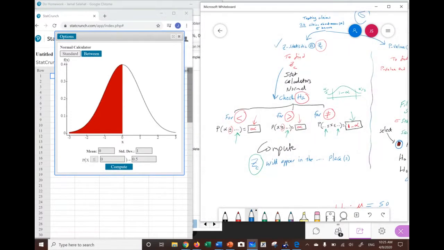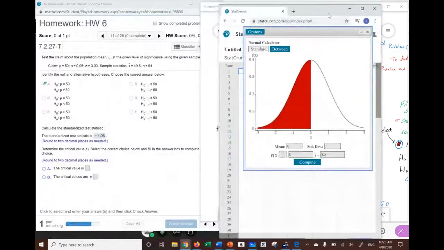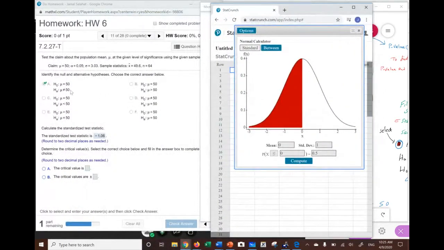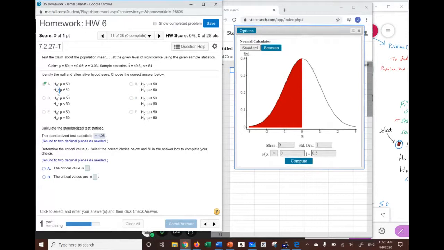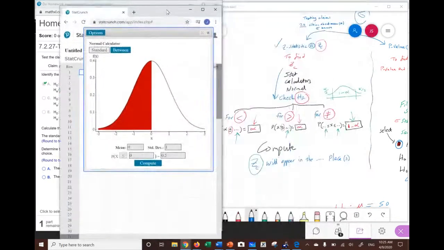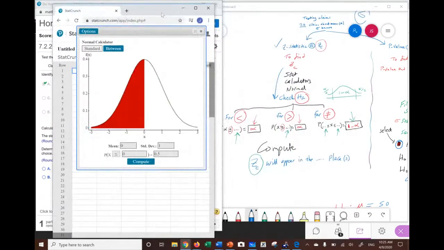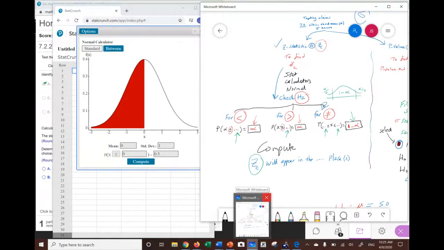Do I have a less, more, or not equal? Let's move this in here and see. If you look at HA in my problem, HA has not equal. So if it's not equal, I missed something to tell you. If it's not equal, you have to use the between option. So for not equal, we have to use between first.